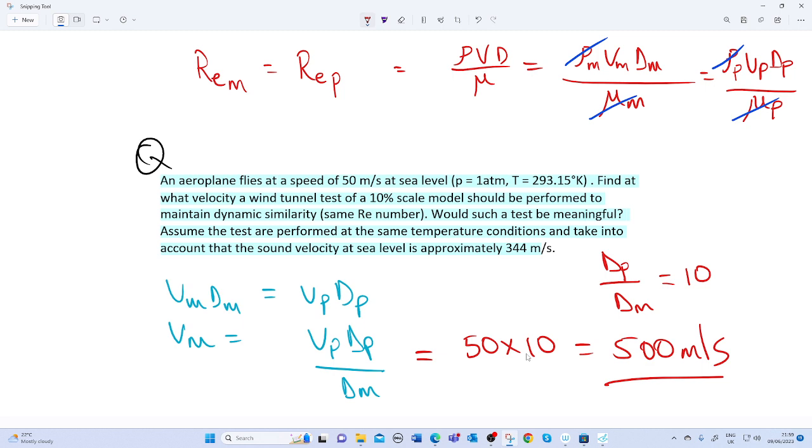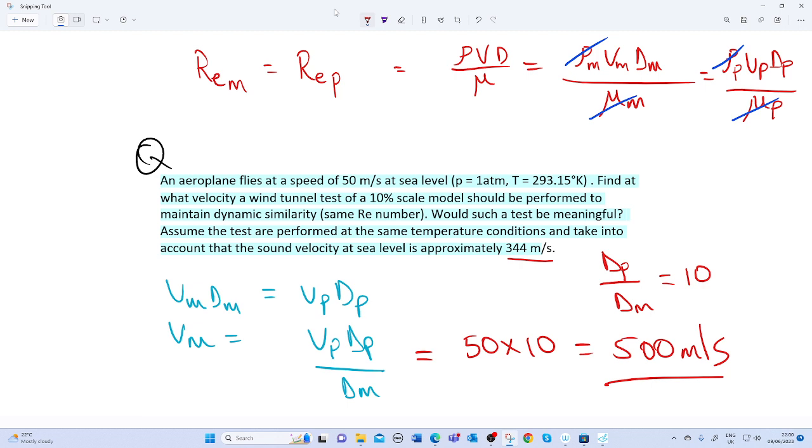Now we are asked whether the test would be meaningful. How do we deduce that? Assume the tests are performed in the same temperature condition. Take into account that the sound velocity at sea level is approximately 344 meters per second.